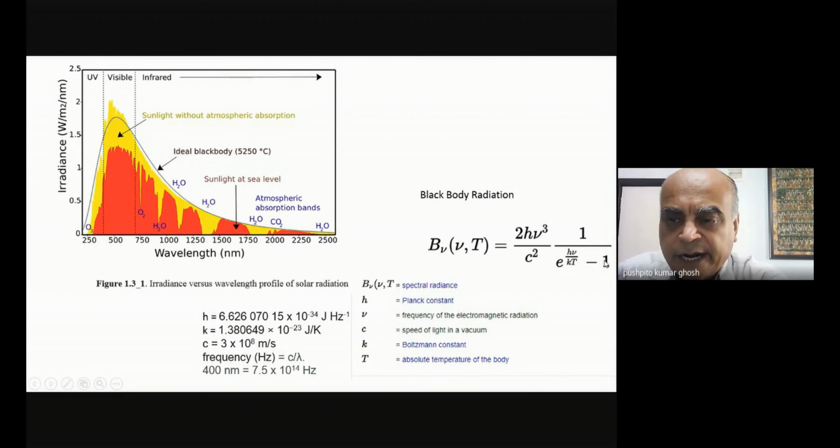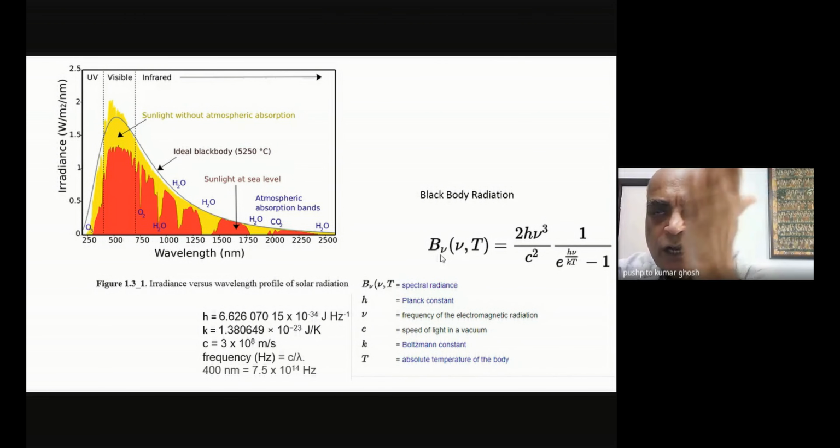Spectral radiance you can think of as the intensity of a particular wavelength of light.